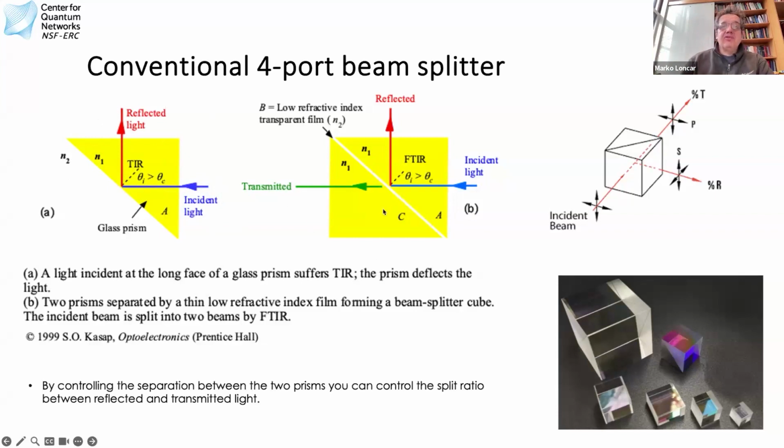But if I take one more prism and bring it close to this first prism, and the spacing is such that the evanescent field from the first prism can actually feel the second prism, this evanescent field, once it feels the second prism, is going to become guided and travel again. This is so-called attenuated total internal reflection or frustrated total internal reflection. By controlling this gap, some fraction of light makes it through the gap, and some gets reflected. By controlling the gap, you control whether the splitting ratio is 50-50, 10-90, or whatever you need. So this is how you make a splitter in free space.